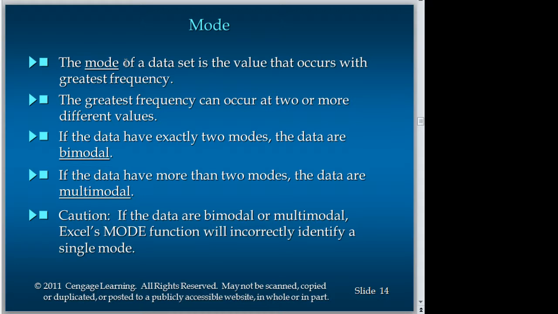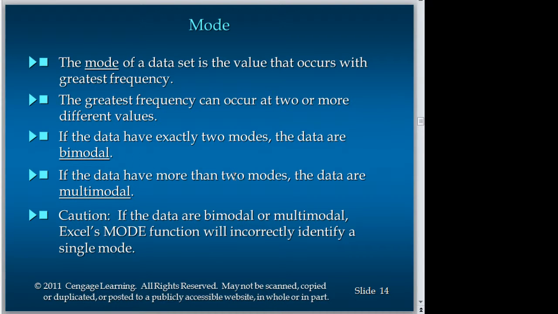Now, mode of data, mode simply means the most frequent one. Sometimes you don't have a mode. Sometimes every number just occurs once. Then that means you don't really have a mode. Sometimes you have two numbers that most frequently occur, and that's a bimodal case.